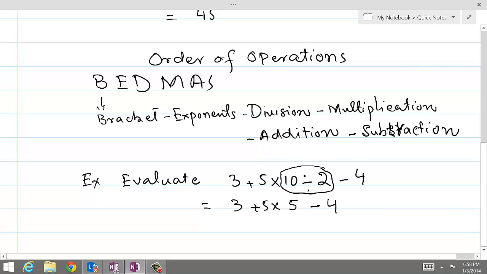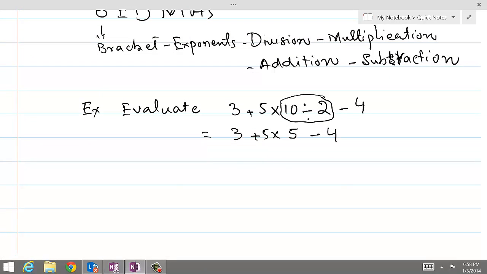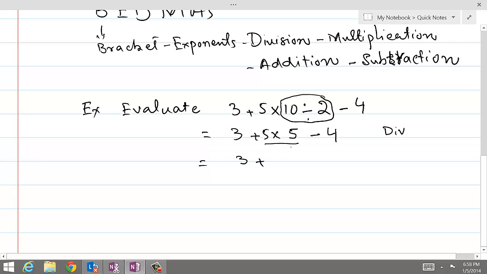Now once division is done, we are going to look if there is a multiplication sign. Yes, there is a multiplication sign, and we are going to multiply. So 3 plus 5 times 5 is 25 minus 4. So multiplication is also done. There is no multiplication sign left now.